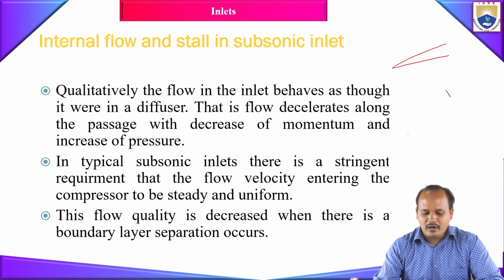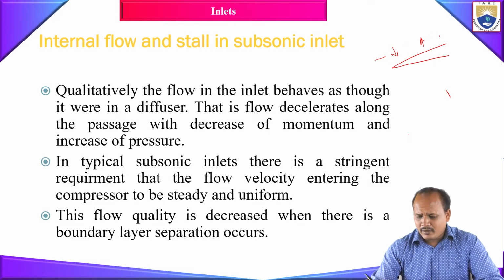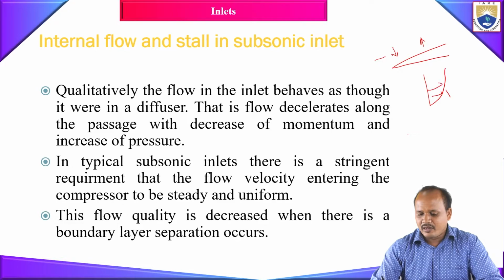So as you know, when the velocity is getting decreased and your pressure is getting increased, what will happen? Initially, if the flow is having sufficient velocity, you will have an attached boundary layer.